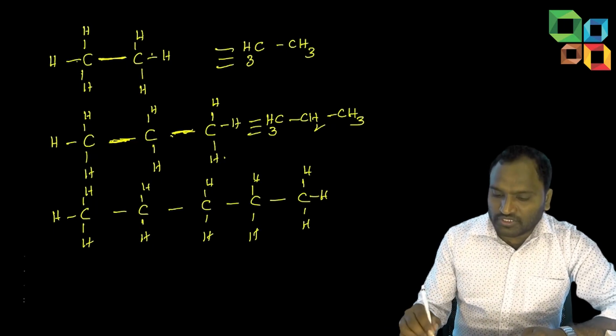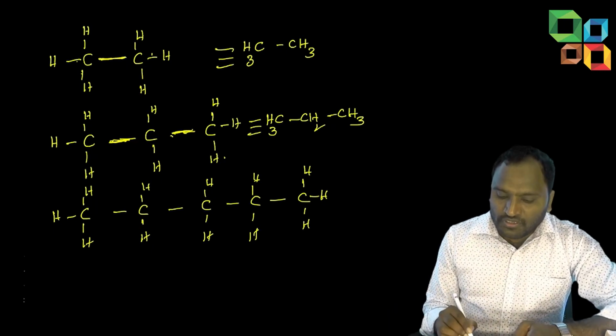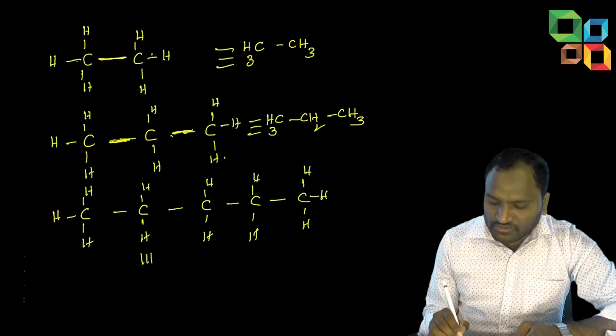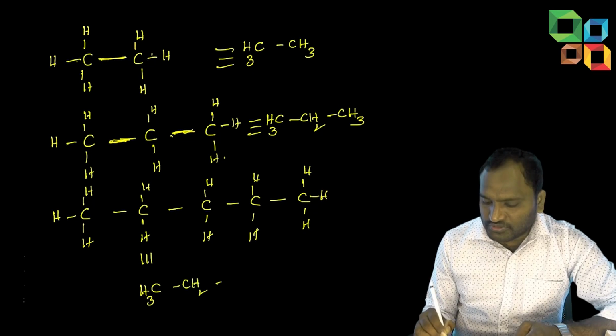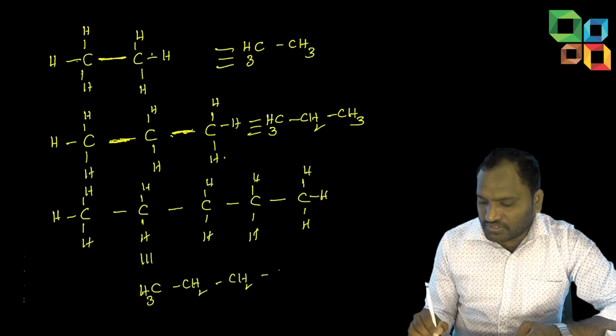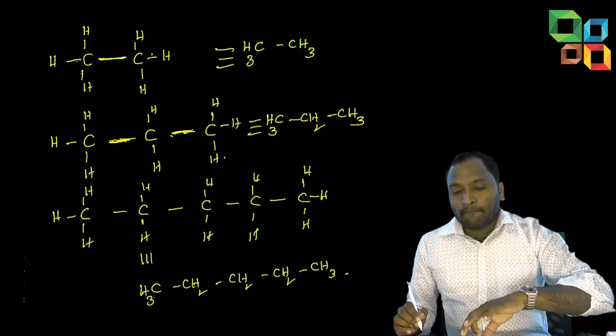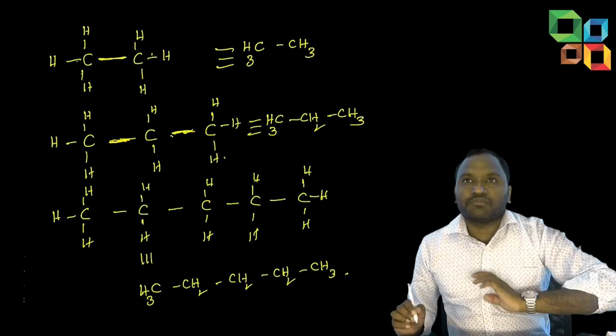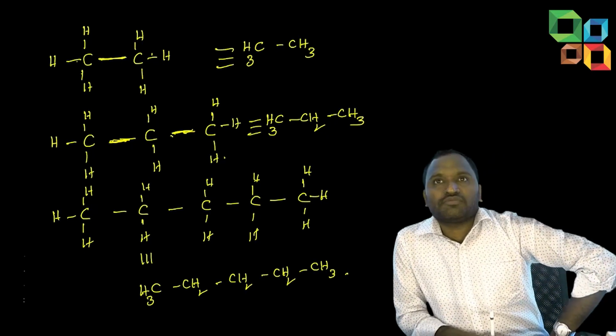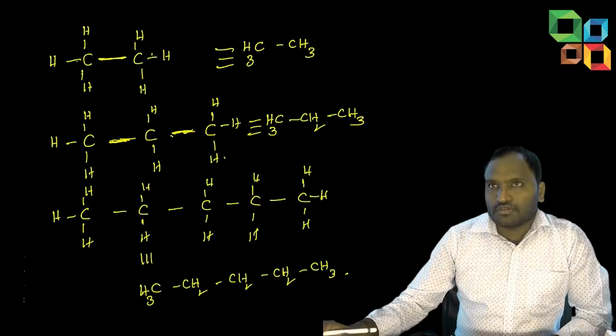Which is equal to CH3, CH2, CH2, CH2, CH2. This is called condensed form.